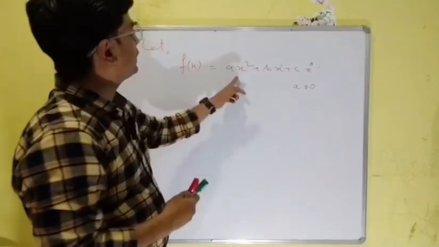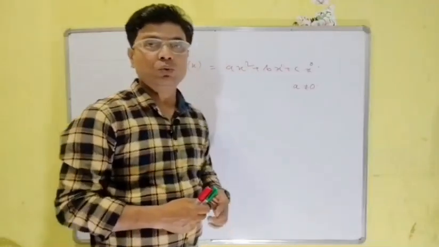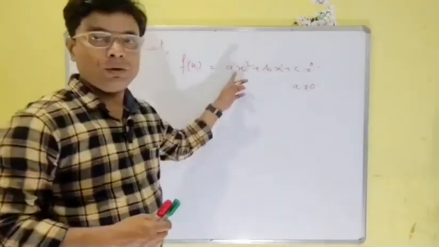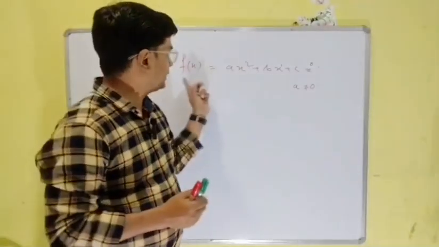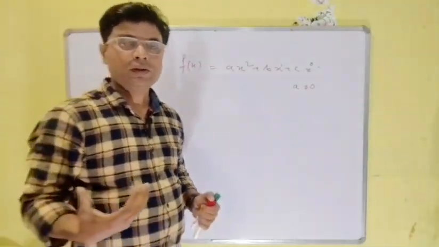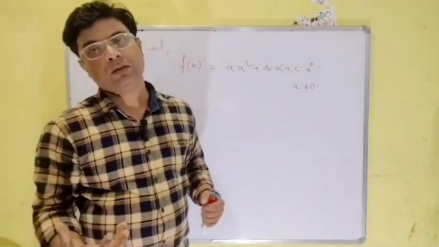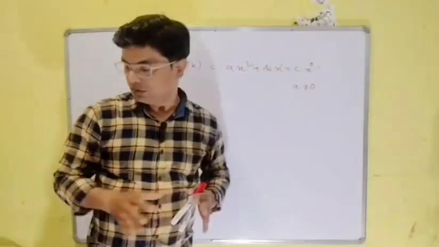Suppose the power of x is 1 by 2. If the power of x is 1 by 2, then it cannot be a polynomial. The power of the variable cannot be a fraction or a negative number. I just remind you once again.